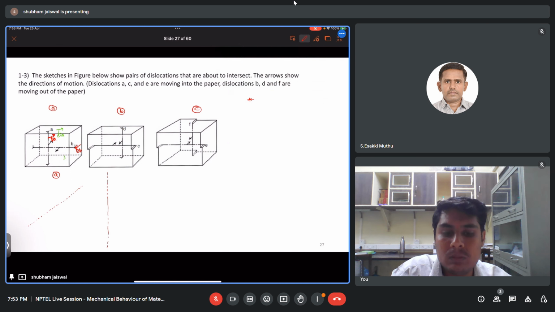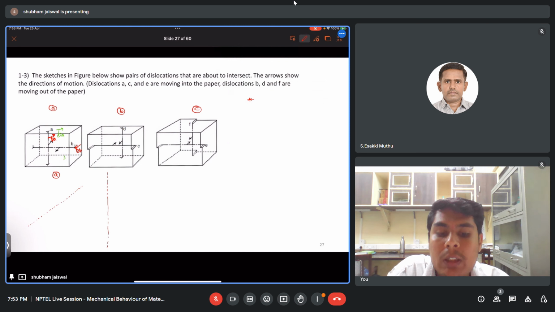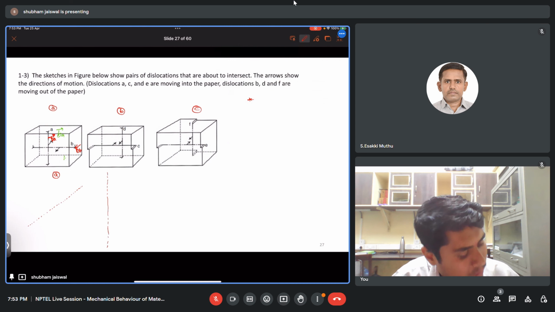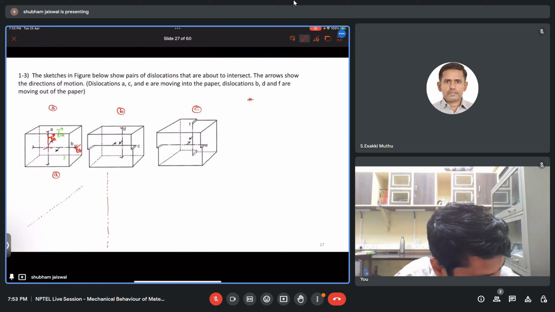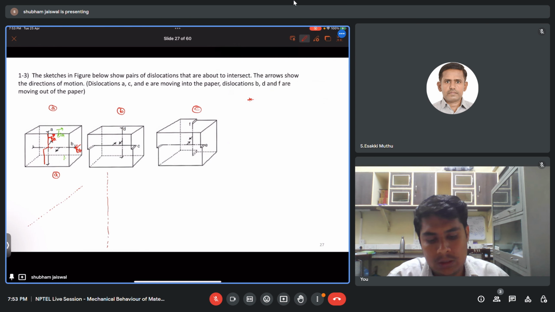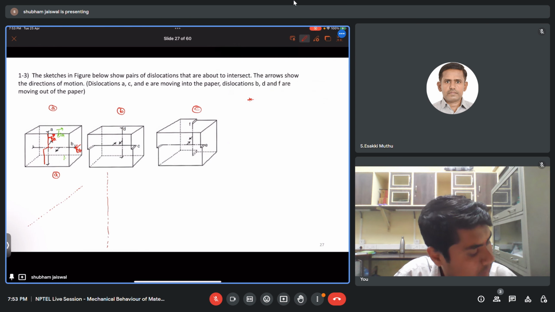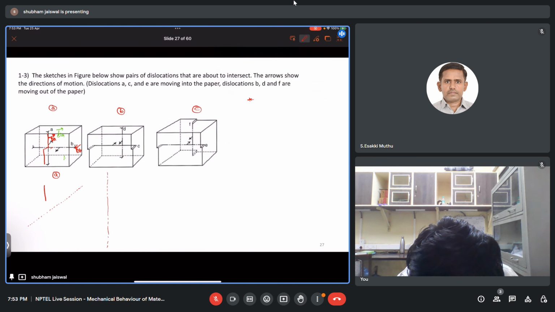Let's say dislocation B intersects with dislocation A. So this will create a step something like this.